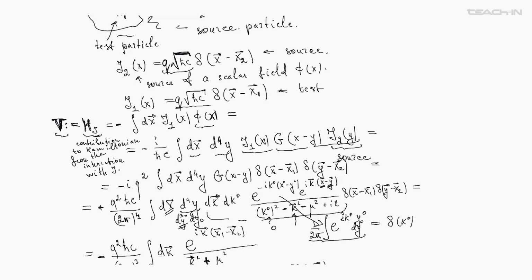The difference between electromagnetic field and scalar field is, of course, the spin. Here we deal with a scalar field, which is a field of spin 0, while electromagnetic field has spin 1. And we see that it leads to a drastic difference in the potential. You will see that in the case of two equal charges mediated by electromagnetic field, the potential will appear to be positive rather than negative.